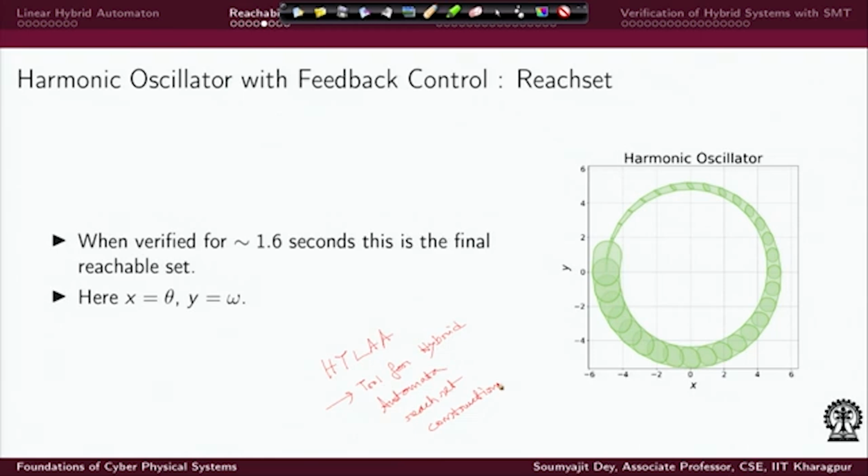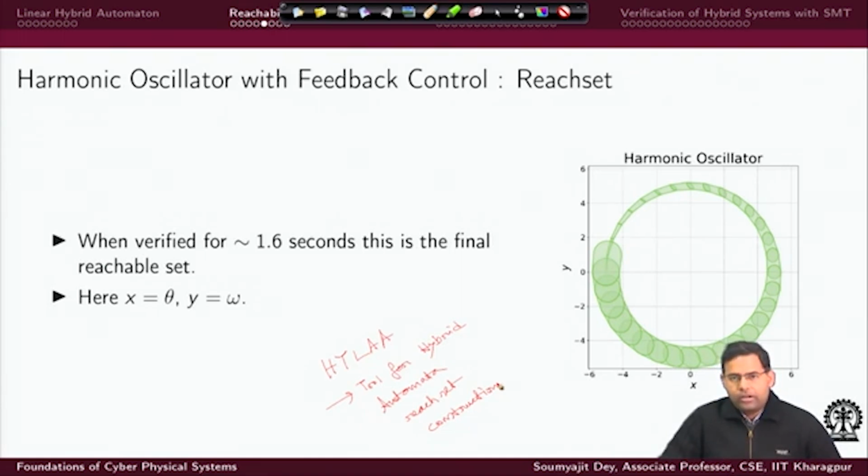This is one of the latest tools that have come up. It is a very simple one to use, that's why I am talking about this. All you need to do is write a simple Python script where you express the dynamics of the system and some desired property. The tool will just run and it will create this kind of a reach set for you.